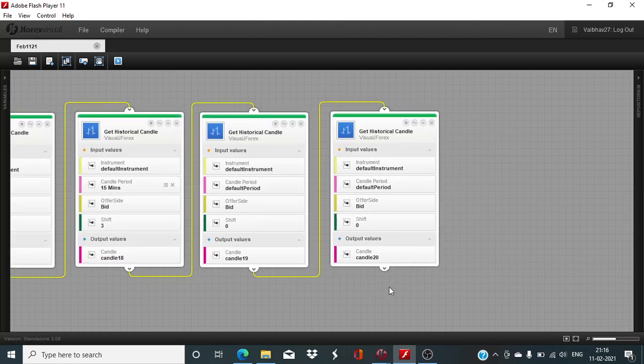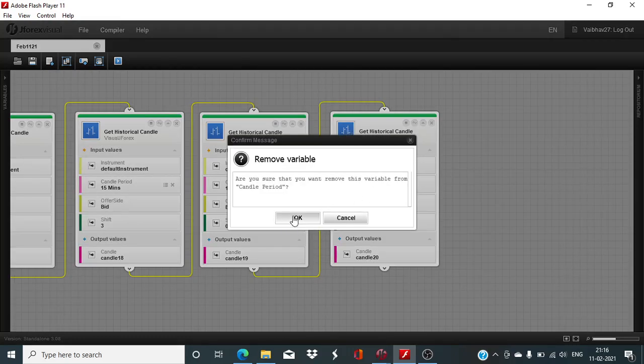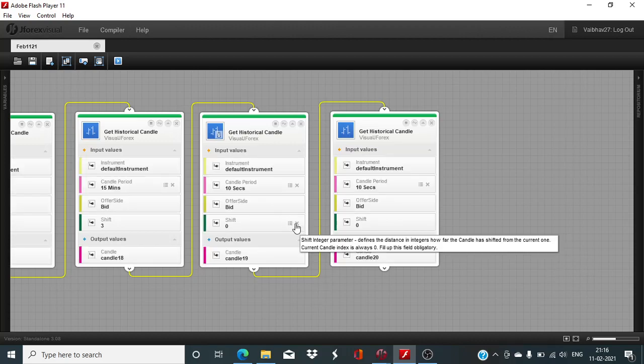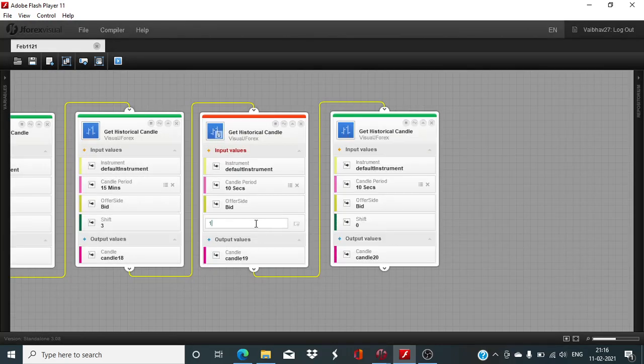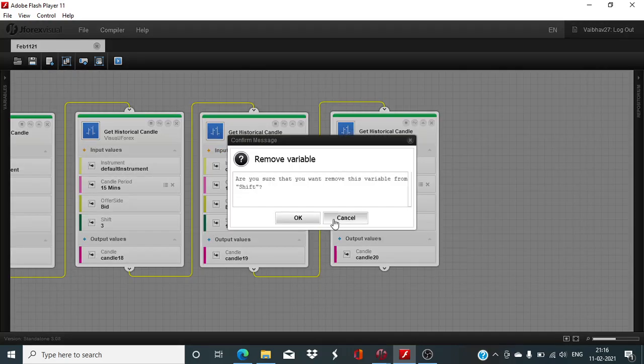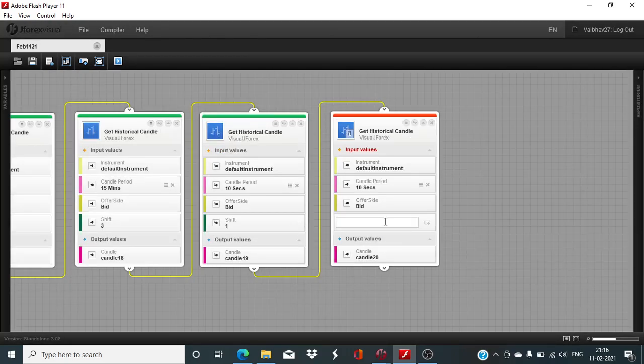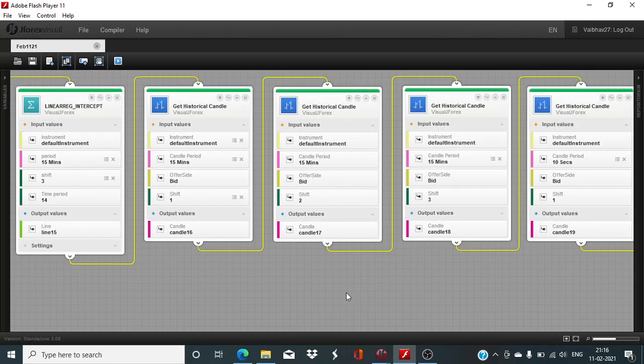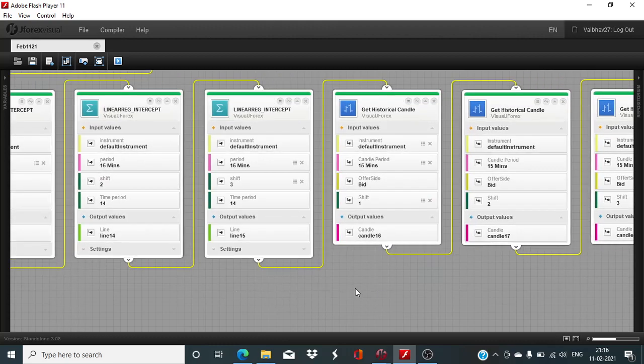We will go into the details when we define the condition on the buy side as well as on the sell side. For the time being, I will just set its input value at 10 seconds. Shift 1 and shift 2.